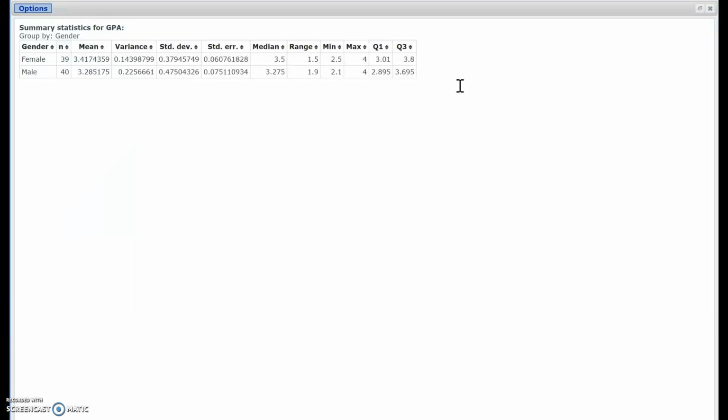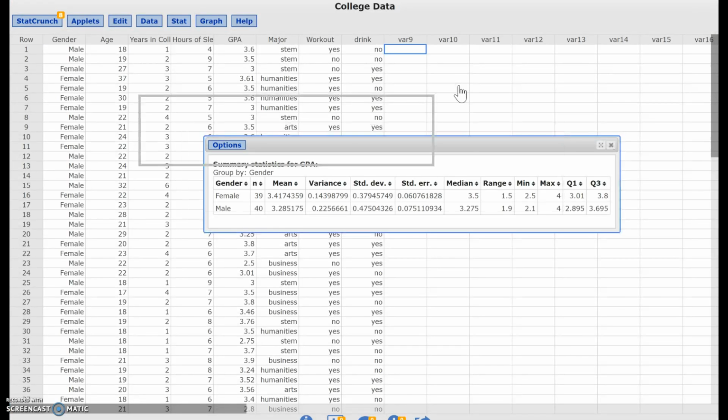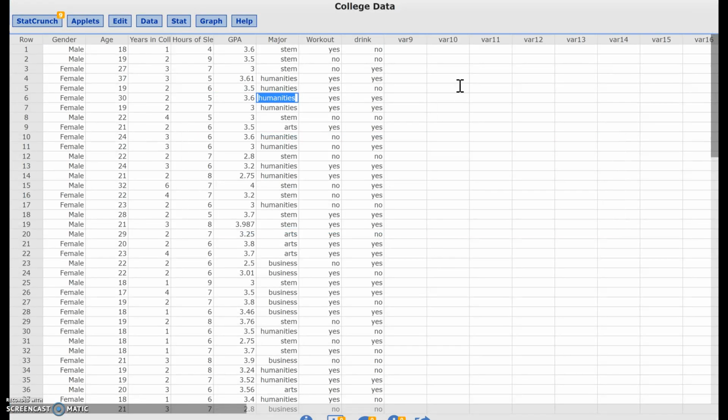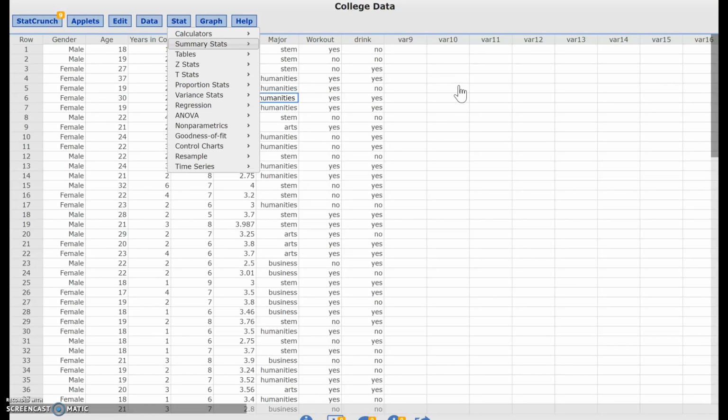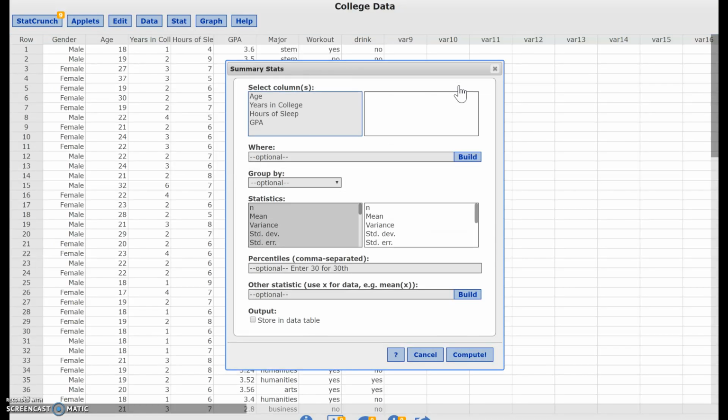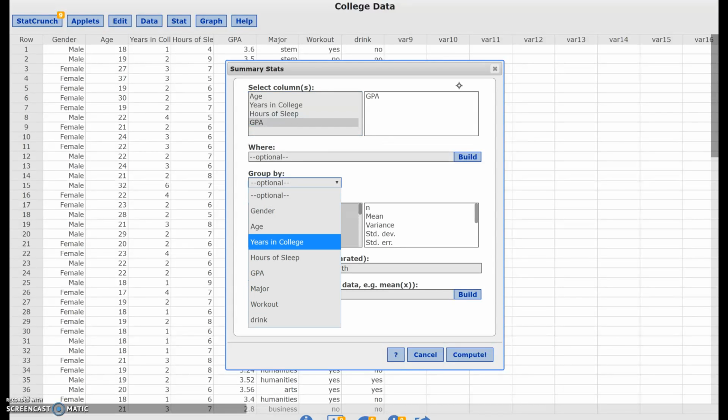Okay. Now, from there, you don't necessarily just have to do that. Also, let's say, for example, you wanted to look at GPA and major. Well, you can do that too. You can click on Stat, Summary Statistics, Columns, click on GPA and group it by major.